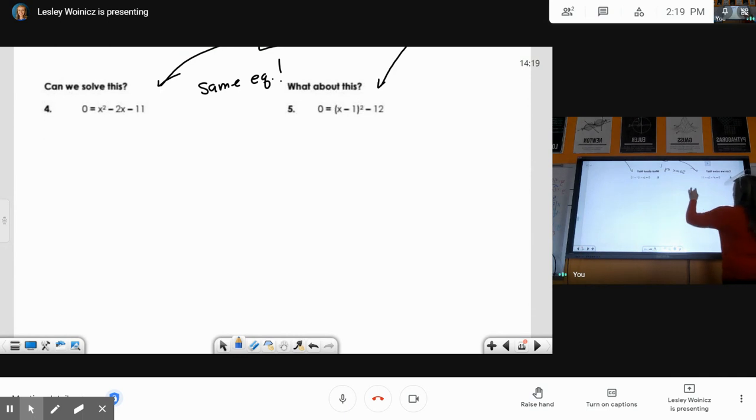We want to see if there are any factors of negative 11 that sum to negative 2. The factors of negative 11 are 1 and 11. I can make the 11 negative or the 1 negative, but there ain't no way I'm getting a negative 2. So this does not factor.